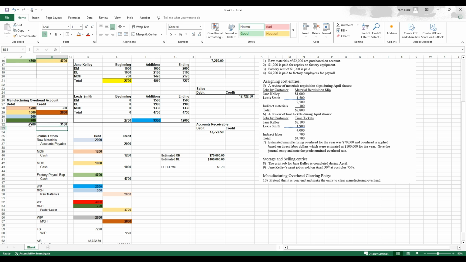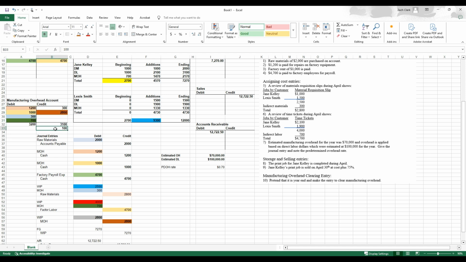So we have to see what we need to book to balance this, and we need to record a $100 credit to overhead to balance it, because now all the debits and credits equal $3,200, so it closes itself out to zero. Basically, we've debited increases, we've credited decreases, so now it's at zero.